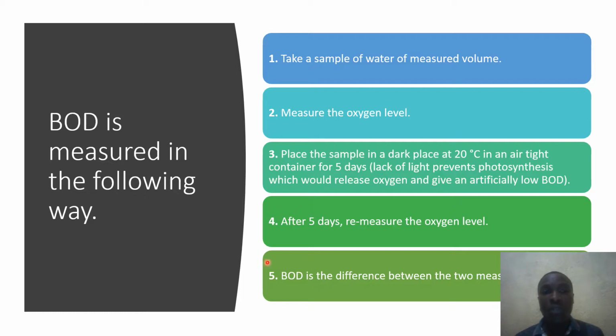What does a low BOD indicate? A low BOD indicates that the oxygen that was available in the water was less used by microorganisms, meaning that in that water there was no organic matter to be broken down by the bacteria.